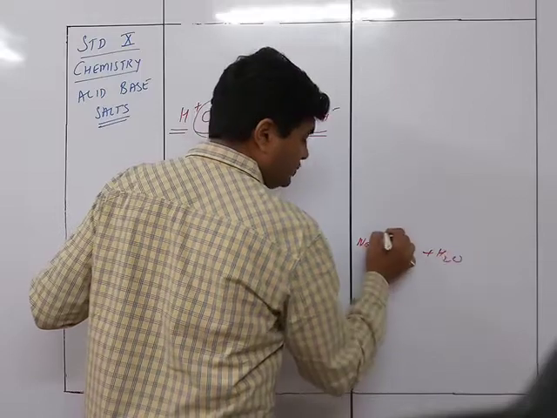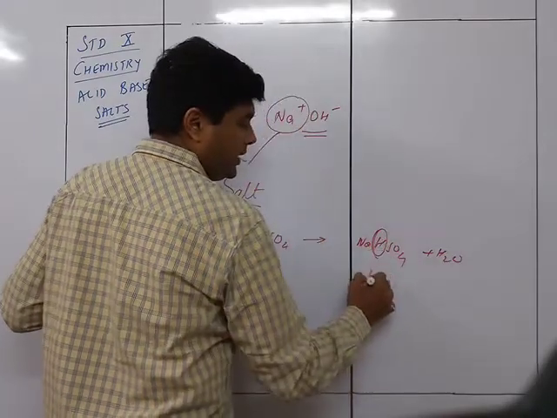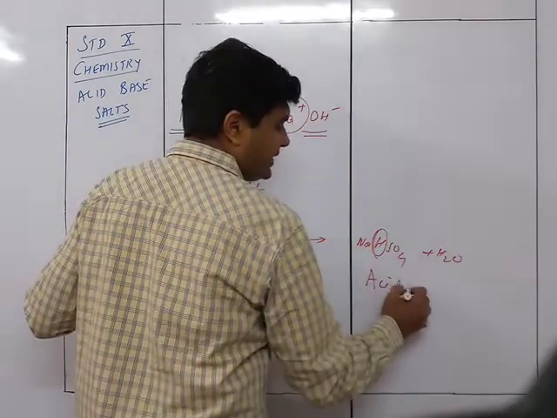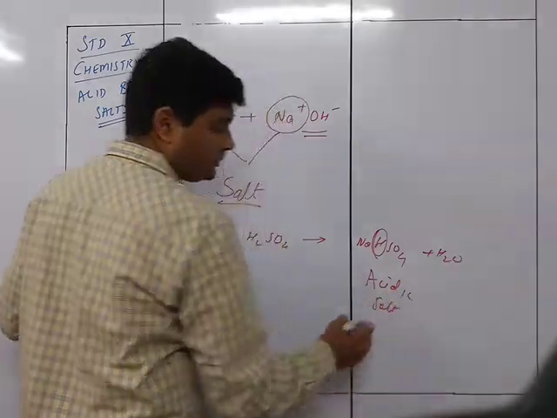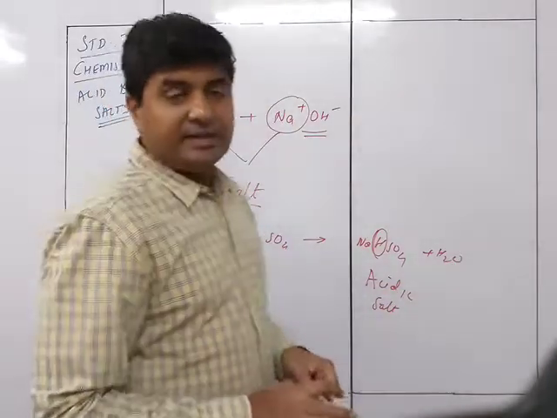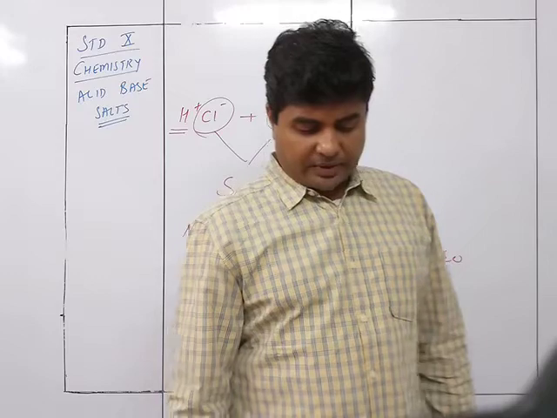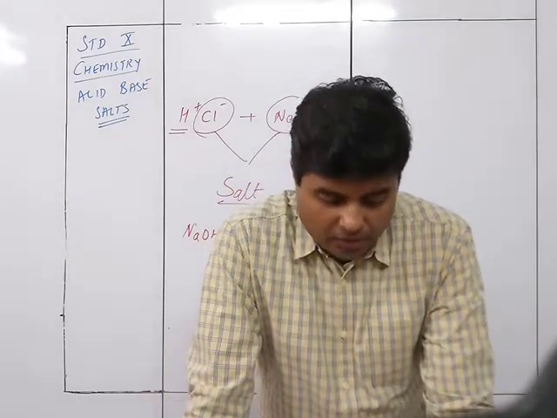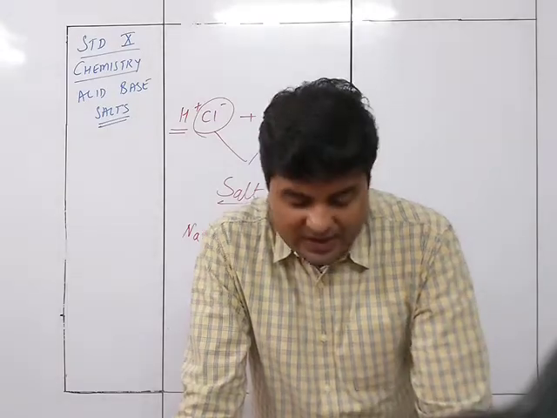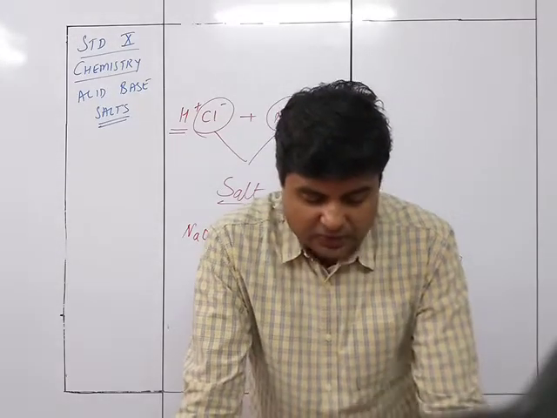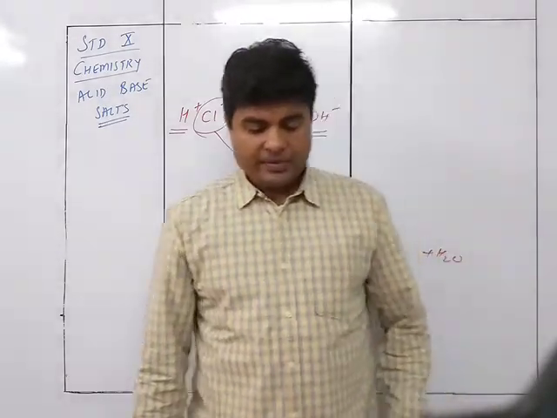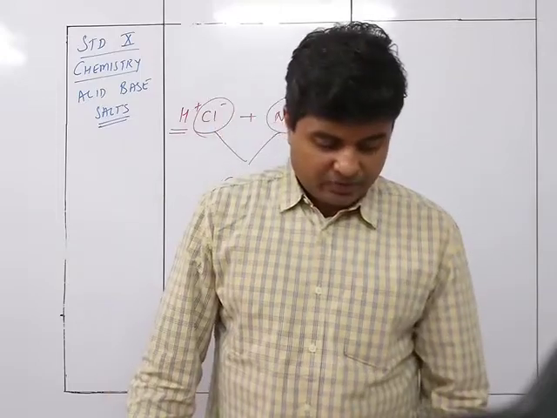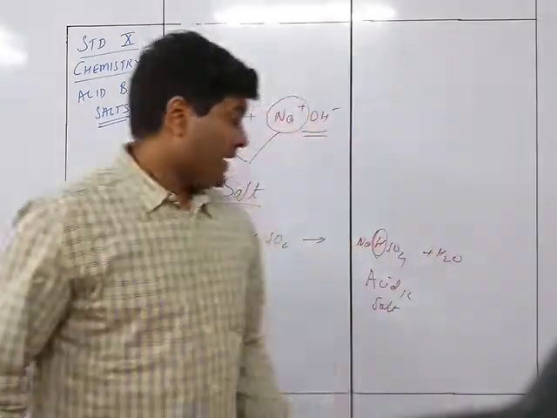The presence of this H makes it an acidic salt. So when there is a partial displacement, it is the salt formed by partial replacement of the replaceable hydrogen ion of an acid molecule by the basic radical, metallic or ammonium, and it is called an acidic salt.